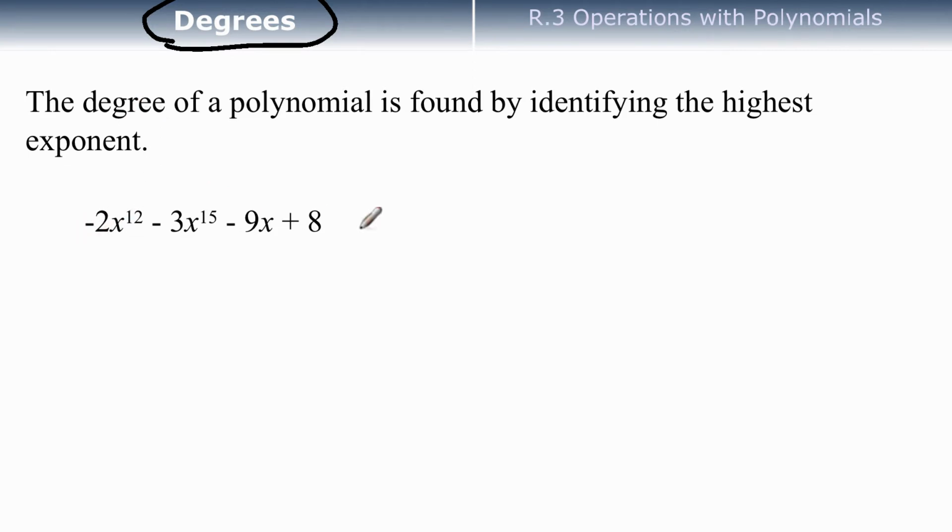The degree of a whole polynomial you just find by finding what the highest exponent is. So here I have a 12, here I have a 15, here I have a 1, and this one would be x to the 0, so it would be 0. Highest degree is this 15, so this polynomial here would be of degree 15.